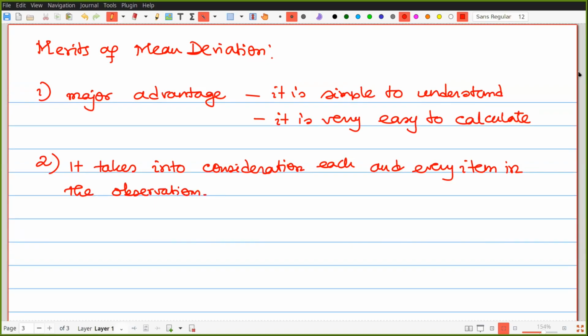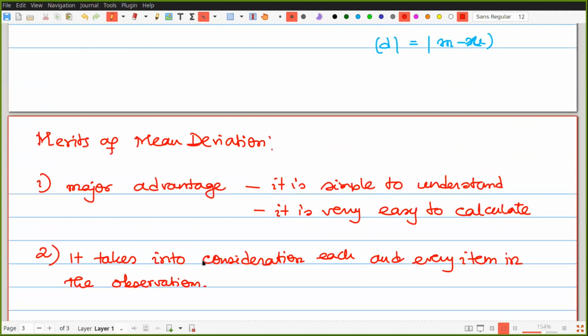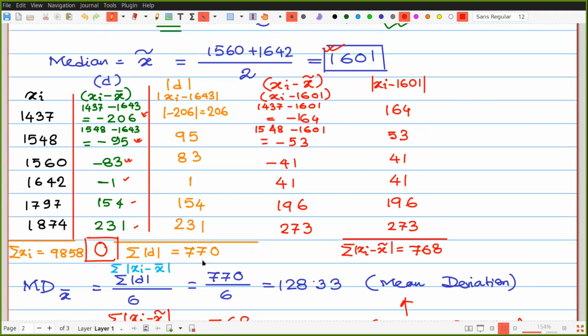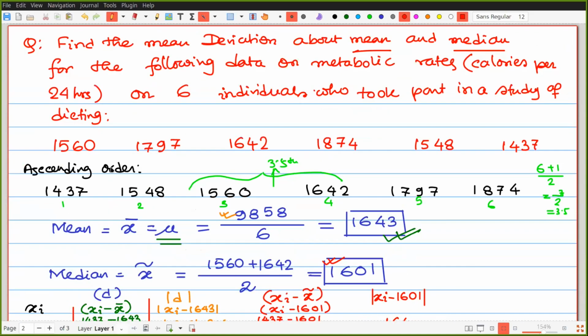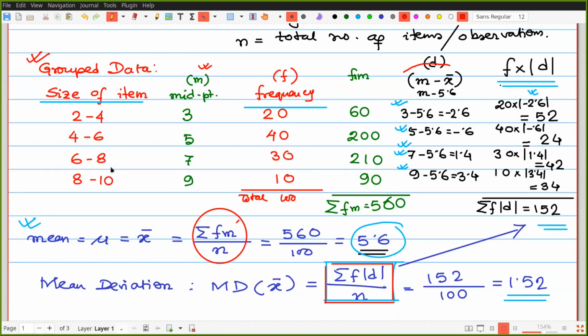That means if we look at the examples once again, if that is ungrouped data, each and every item is in consideration. Without any item that we have missed, the calculation of mean deviation would fail. That is also true for the group data.